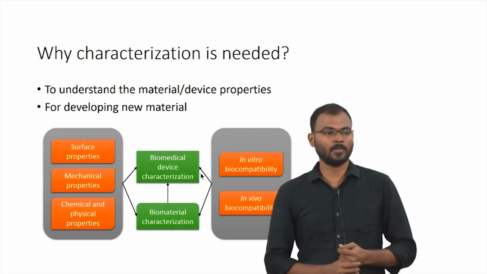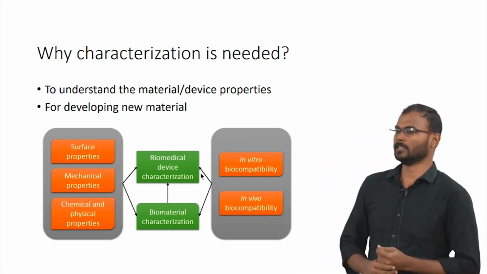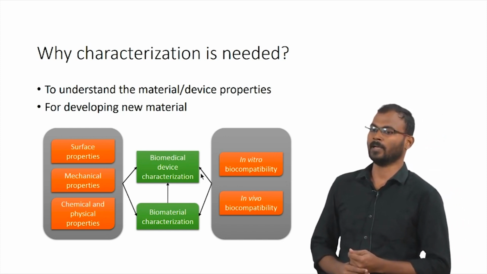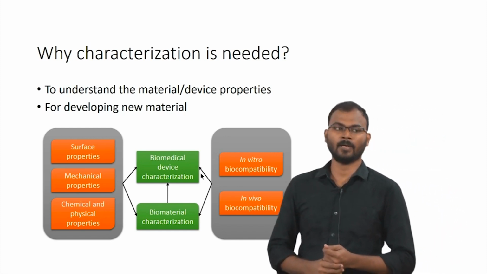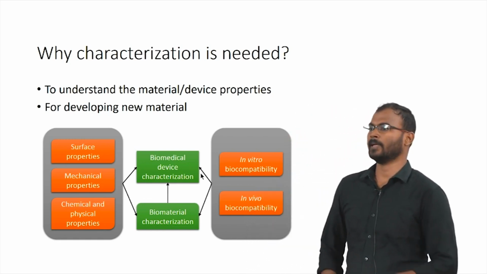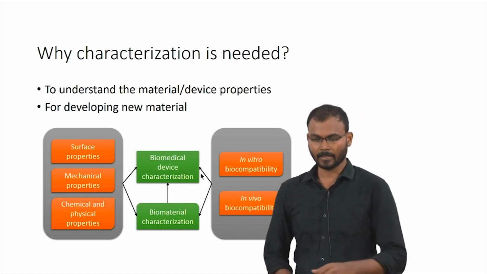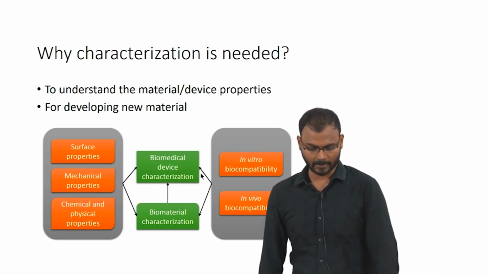Mechanical properties: when you are considering implants such as hip prostheses and other heavy load bearing applications, you need good mechanical properties, which are understood by characterizing the bulk properties of the material. That can be done using mechanical characterization.